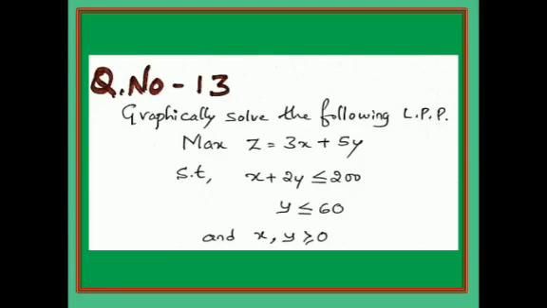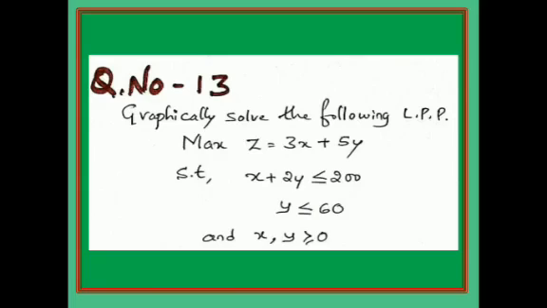These both are given linear constraints. And lastly, x, y greater than or equal to 0 is called the non-negativity restrictions.